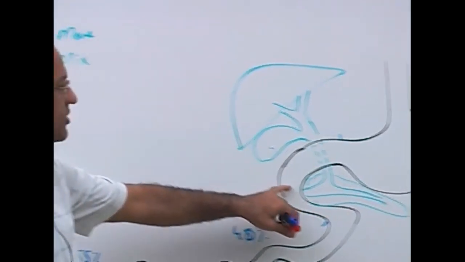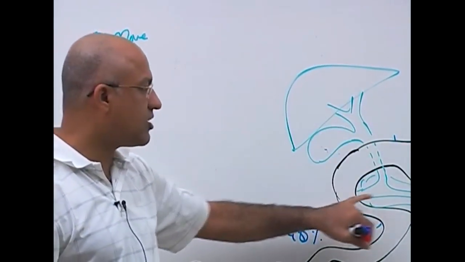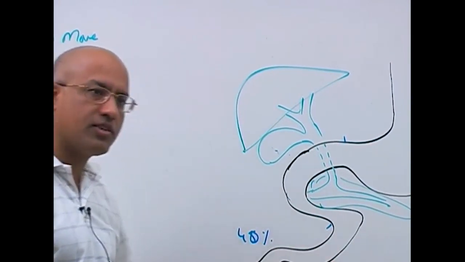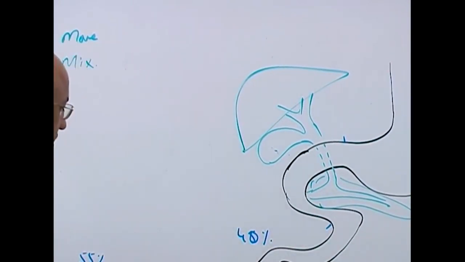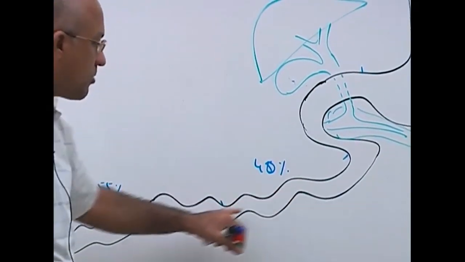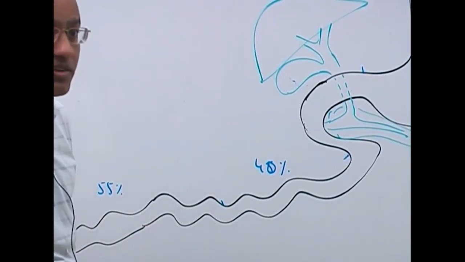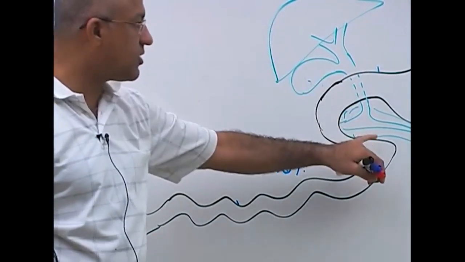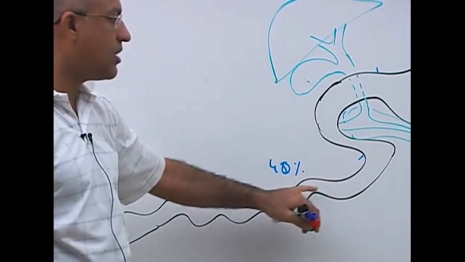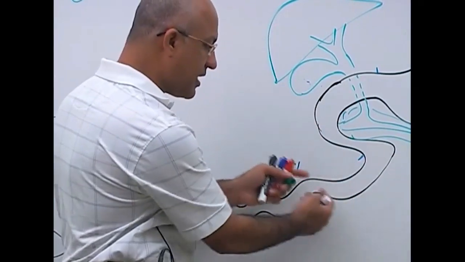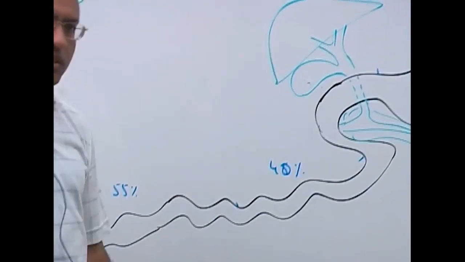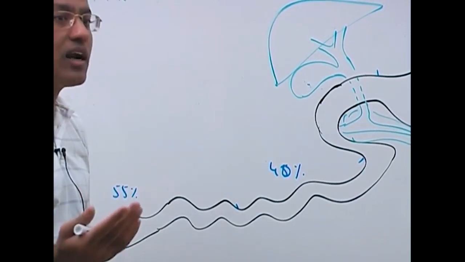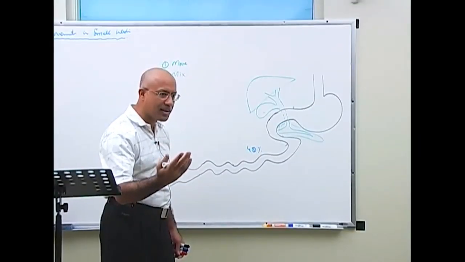The small intestine receives bile and pancreatic juices, and from its own wall there are glands secreting intestinal secretions, which are called succus entericus.